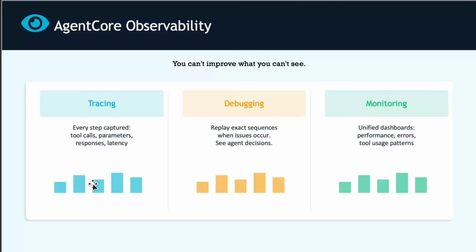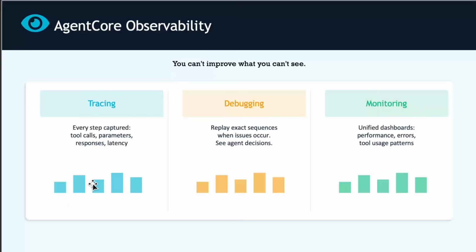First is tracing. Every step is captured in tracing: which tool was called, what parameters were passed, what the response was, and how long it took to process this response, like a flight recorder for every conversation. Next is debugging. When something goes wrong, you can replay the exact sequence, see what the agent reasoned, decided, and where it went wrong.